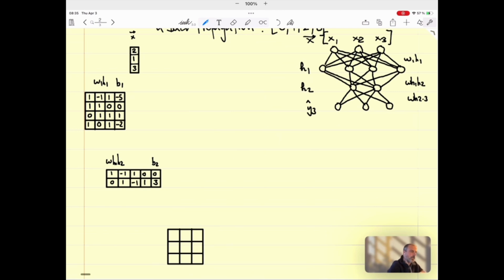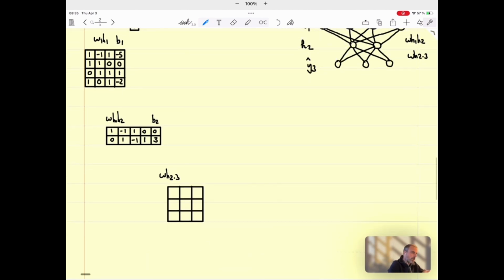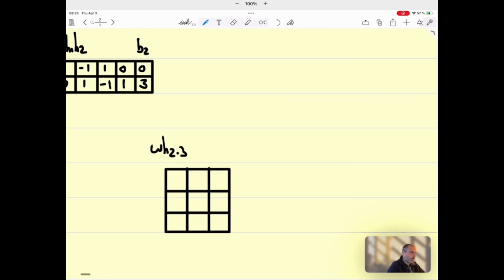So this is a weight matrix H2 by 3. And we put some numbers in there: 2, 0, -1, 0, 2, 5, and 1, 1, 1. This is the bias, number 3.